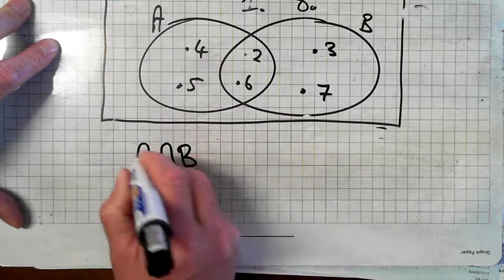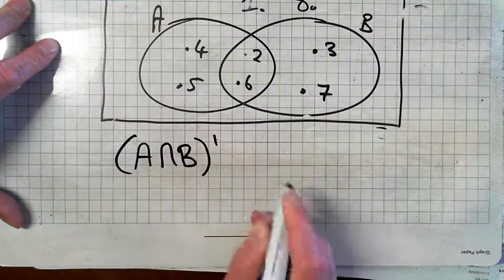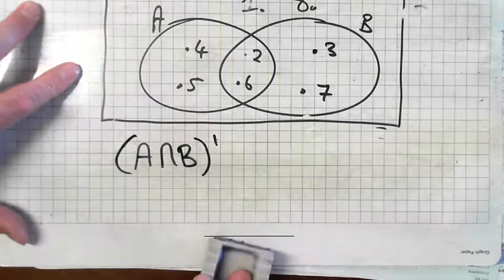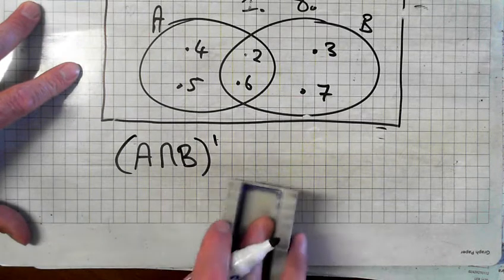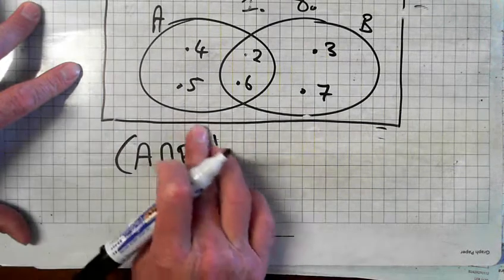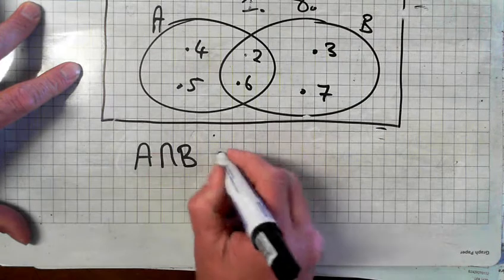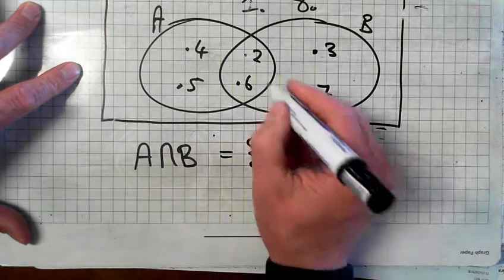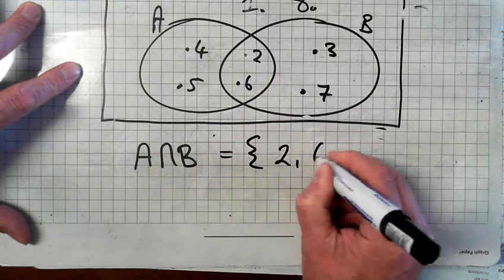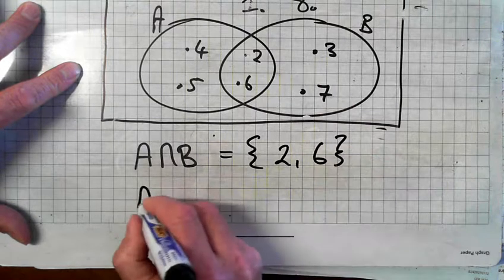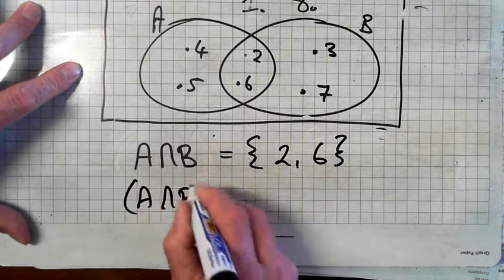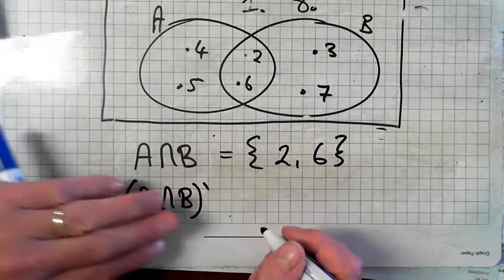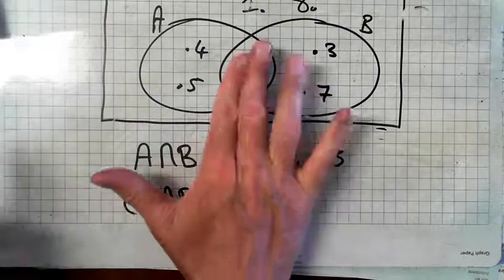A intersection B. Watch. Look up. First of all, we'll figure out what A intersection B is. What's A intersection B again? 2 and 6. So what happens if I put this dash outside? Everything outside.